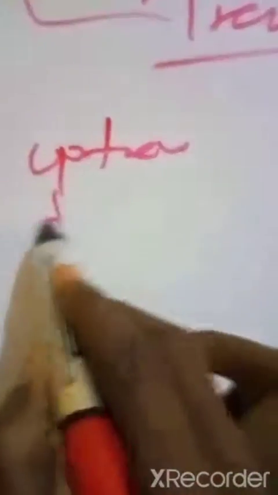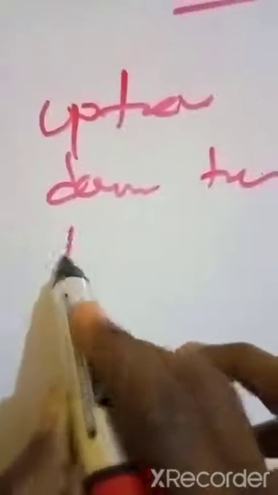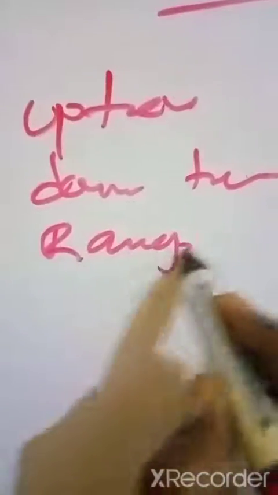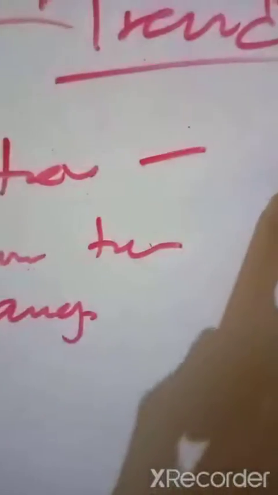So we have the 3 types of trends. There is uptrend, there is downtrend, there is range. This is how the uptrend looks like.